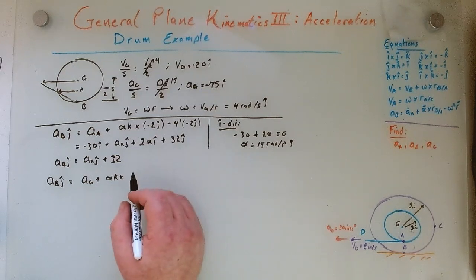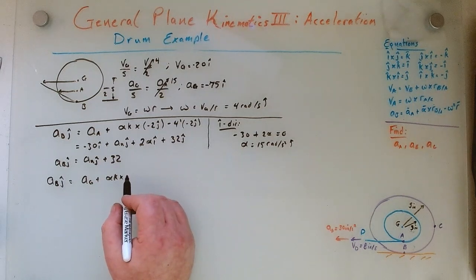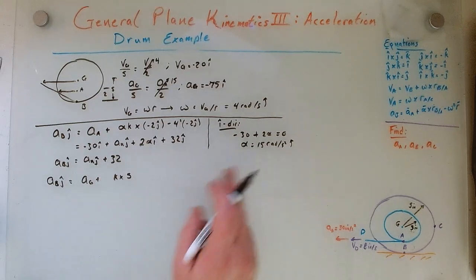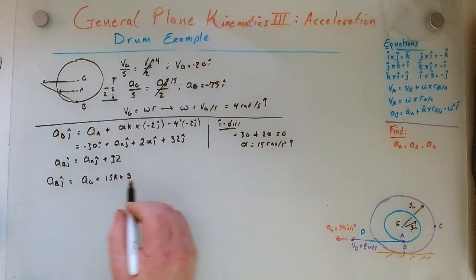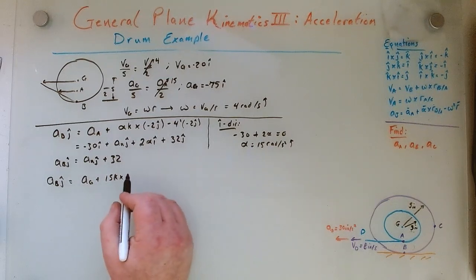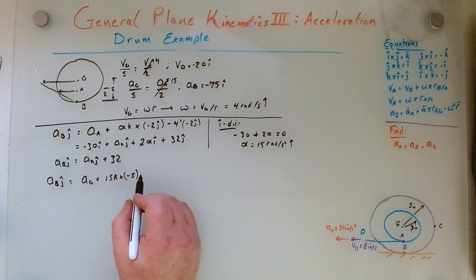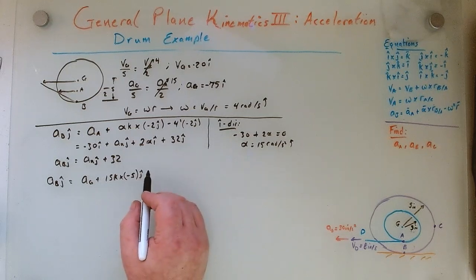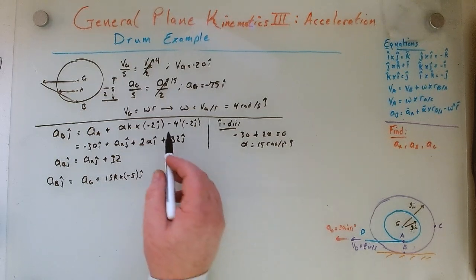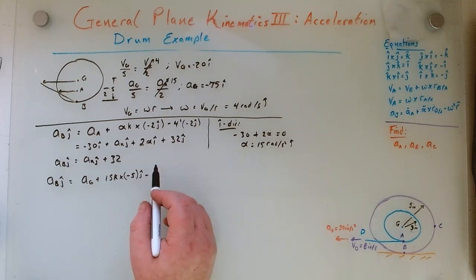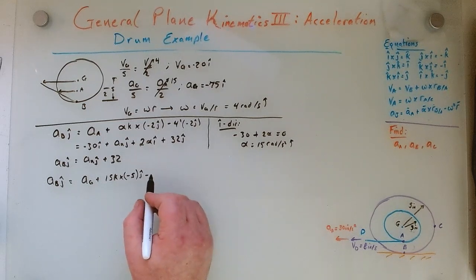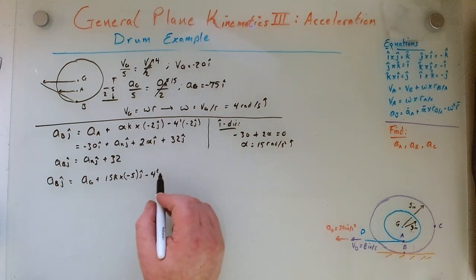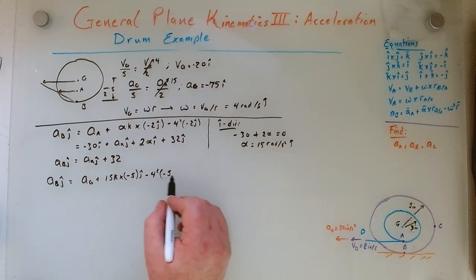So alpha k cross with negative 5, and we know alpha is 15, in the j direction, and then minus omega is still going to be 4 squared, times negative 5j.